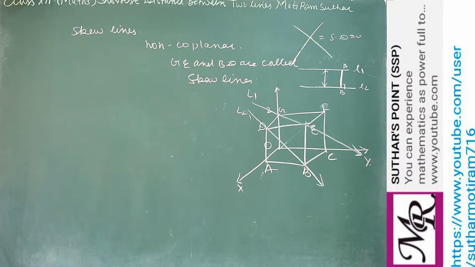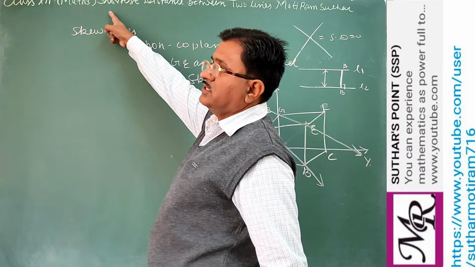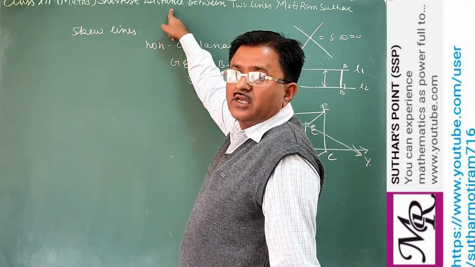The distance between two lines at a position is minimum. That is why it is known as the shortest distance.